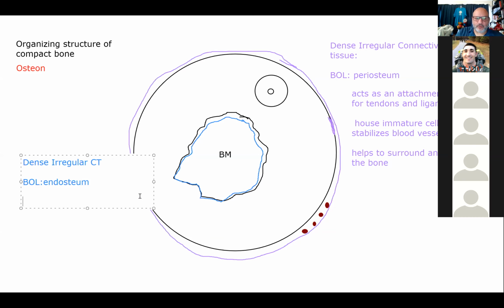But what this will do is house immature cells. So there will be immature cells that we will find here inside the endosteum as well. So our endosteum and periosteum both house some of the immature cells that we are going to see on our bone in its microscopic anatomy.